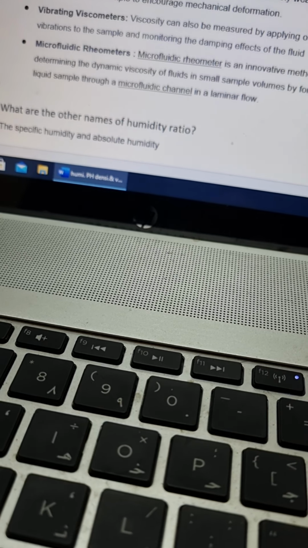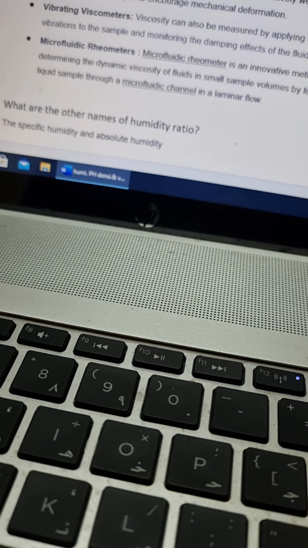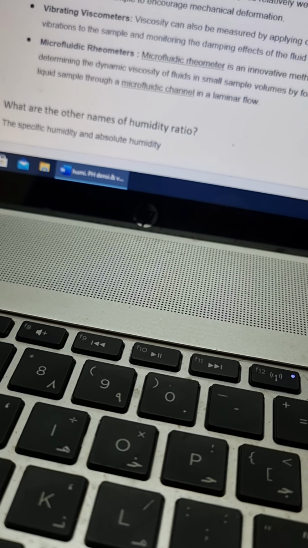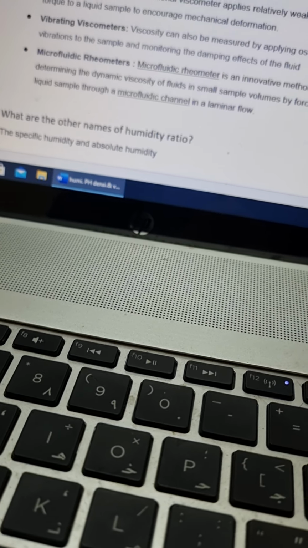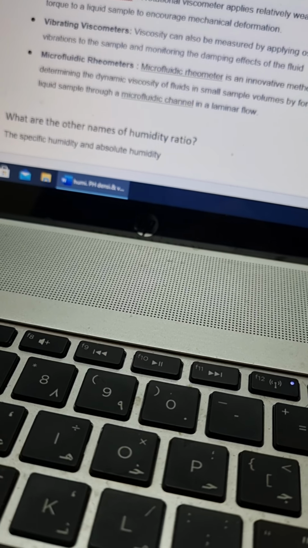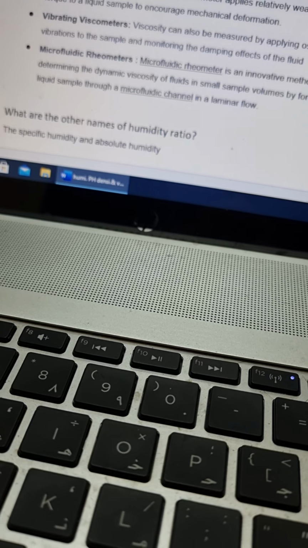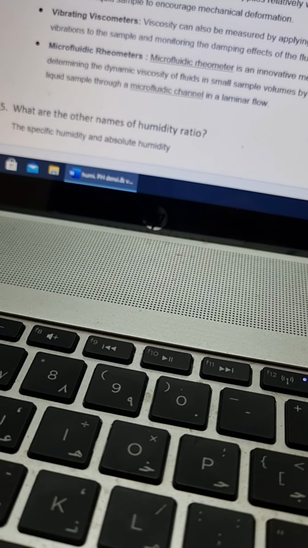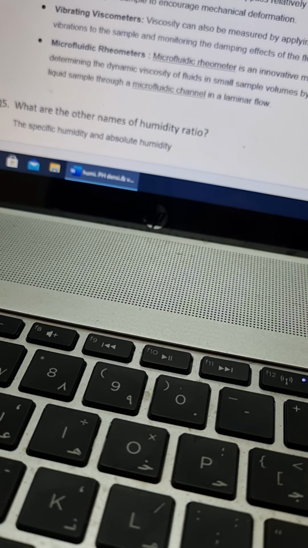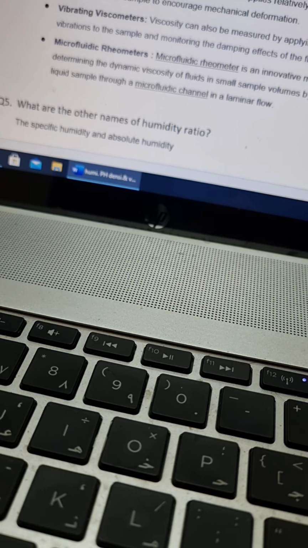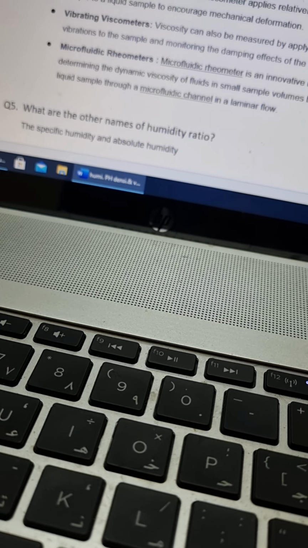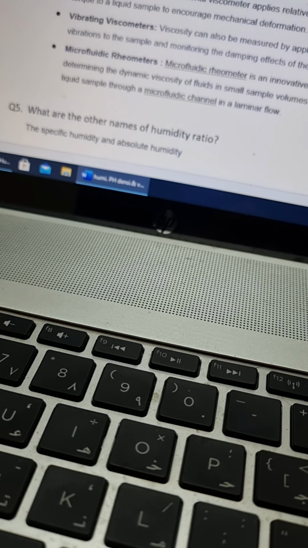Vibrating viscometer. Viscosity can also be measured by applying oscillating vibration to the sample and measuring the damping effect of the fluid. And microfluidic meter.